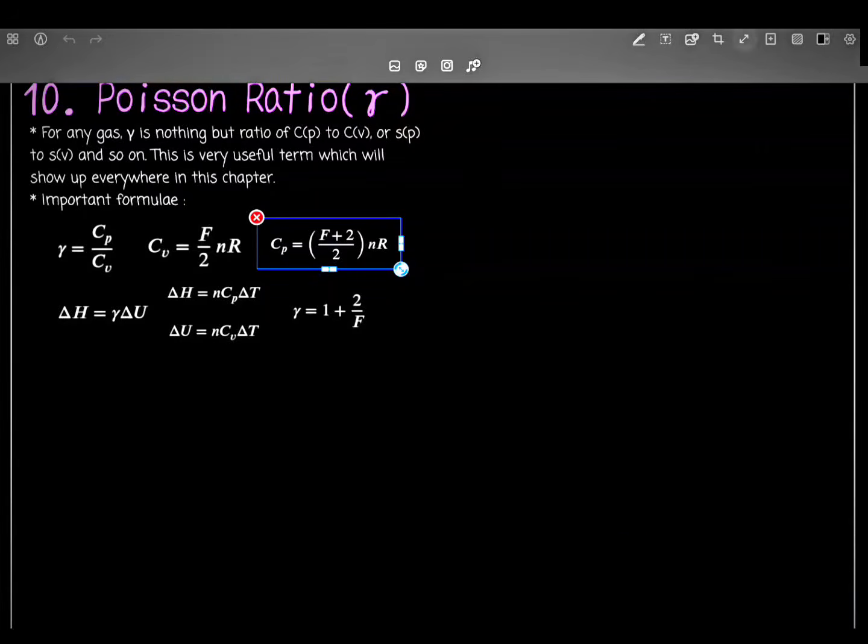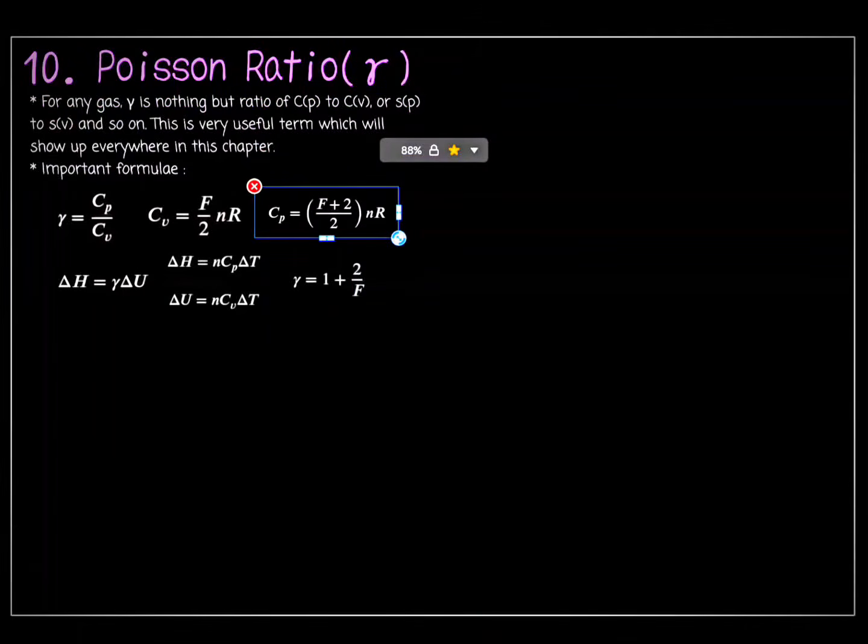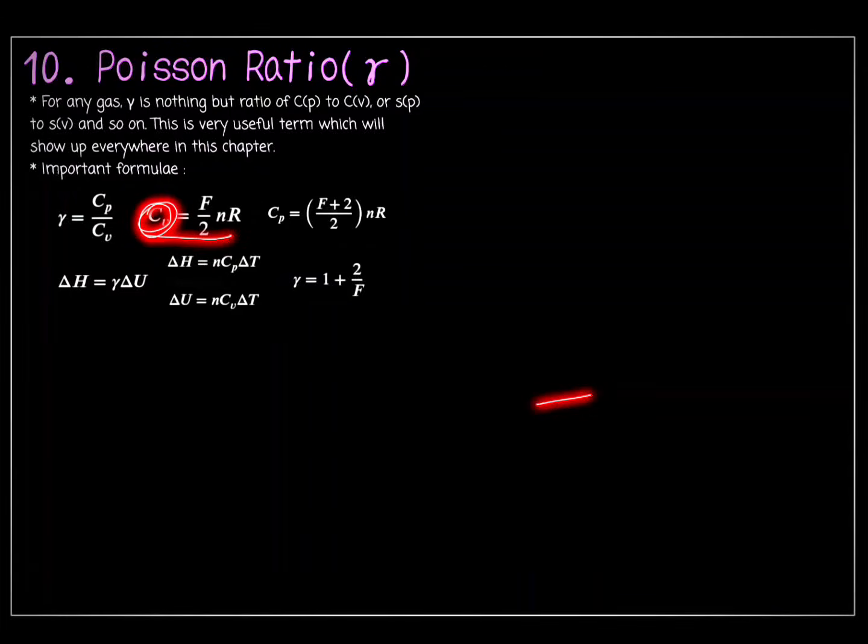So as I said, Cv is equal to F by 2 nR. This is the total heat capacity here. And if you want to show the molar heat capacity, just take n to this side and it will become Rf by 2. And the total heat capacity at constant pressure is F plus 2 by 2 into nR.